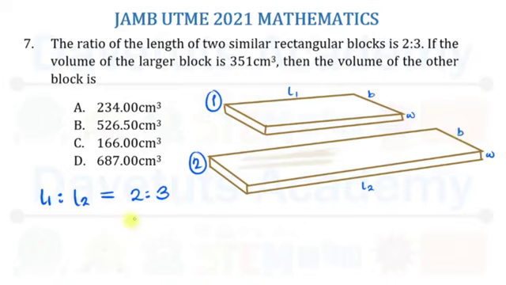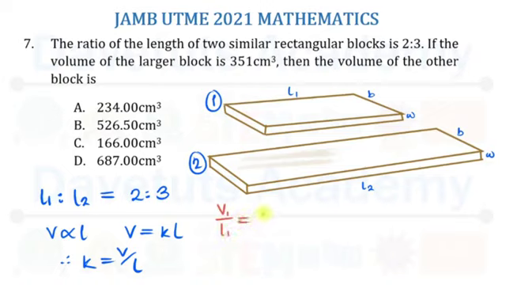Looking at this question, I know that volume is proportional to the length, such that if I want to bring in my constant of proportionality, V is going to be KL. Then from here, K is V over L.